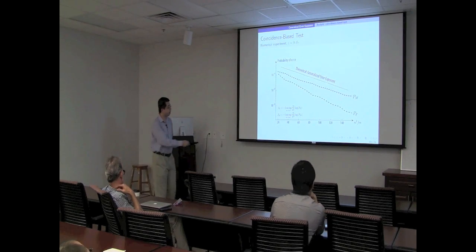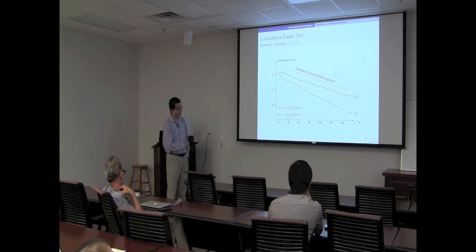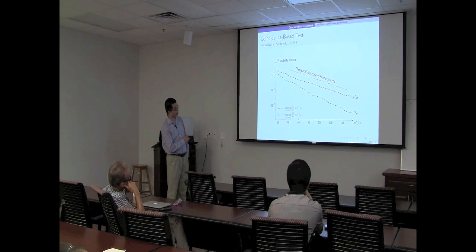Again, on the x-axis, remember our scaling is n squared divided by m, so I'm looking at n squared divided by m here. And the y-axis is the probability of error, false alarm or misdetection, probably on the log scale.